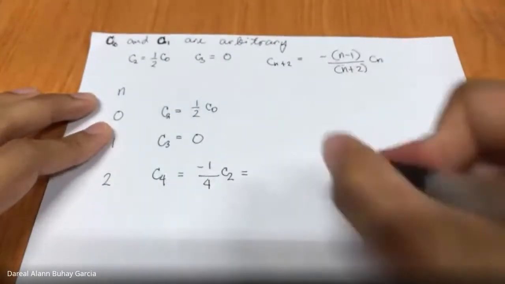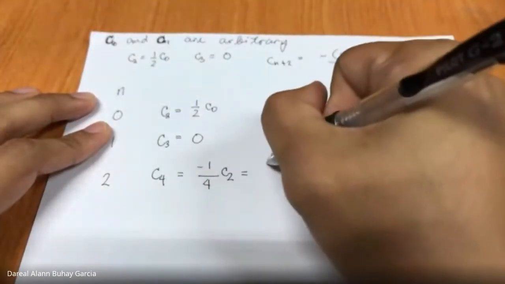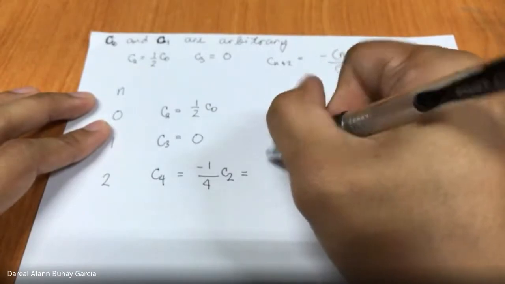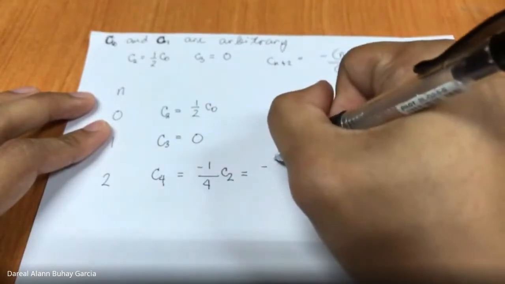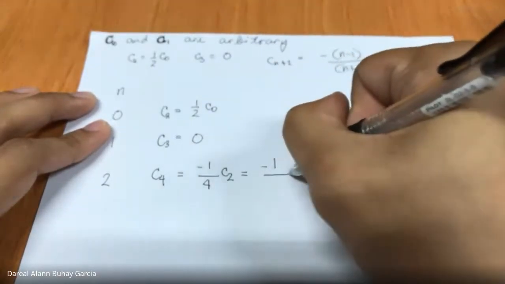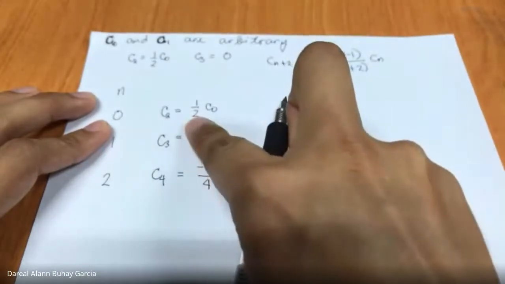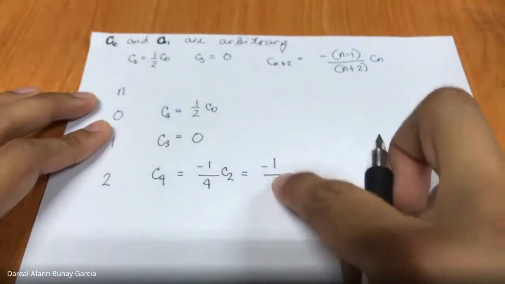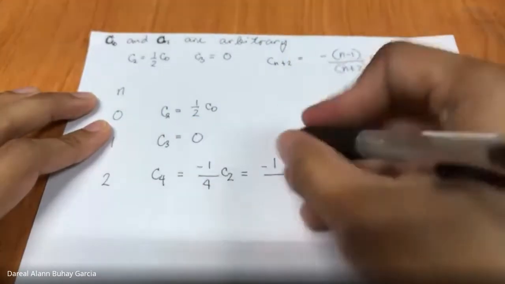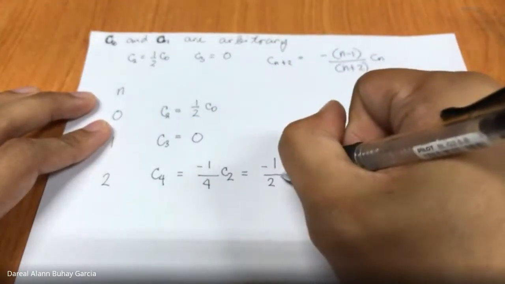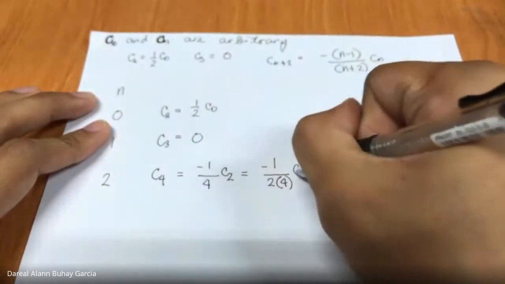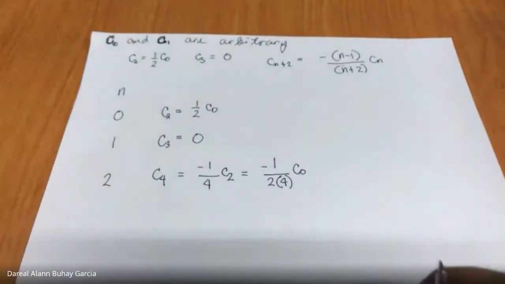So this becomes negative 1 over 2 times 4, C sub 0. Is this clear?